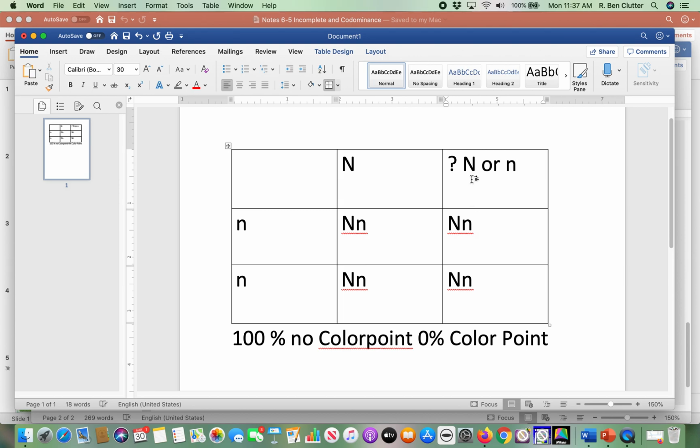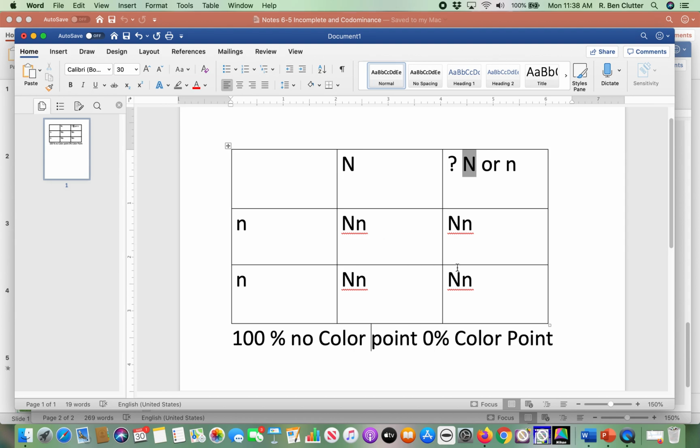And so if it's capital N, we're going to end up with this, right? So let's just say this is what we're going to go with. All right, so then notice that, oh, I messed that up there. So if this is the case, then these first ones would be this gray one there, and we would end up with 100% no color point and 0% color point.